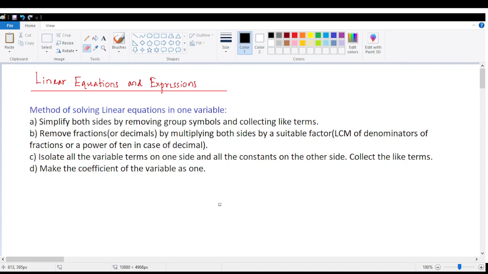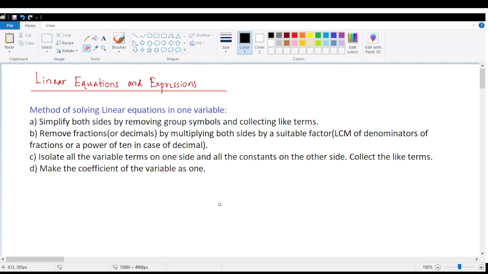Step 2, remove fractions or decimals by multiplying both sides with a suitable factor, which is the LCM or a power of 10. Basically this is one of the processes which you can follow. There are a lot of processes actually to solve a linear equation. In this process, what they are saying is that you have to make the denominators the same, which I also follow, right?